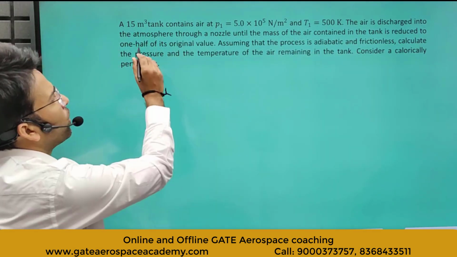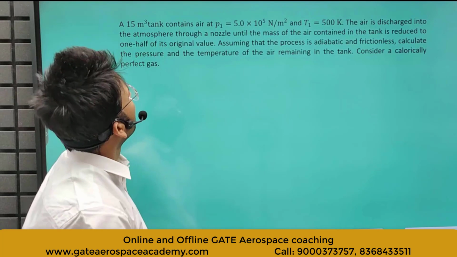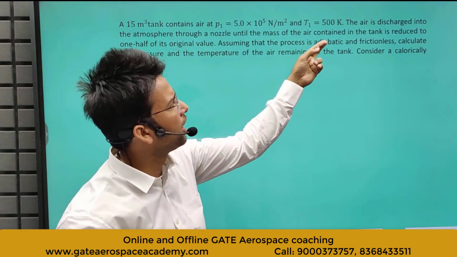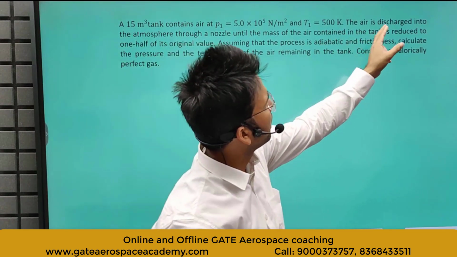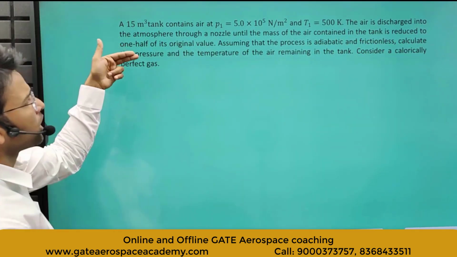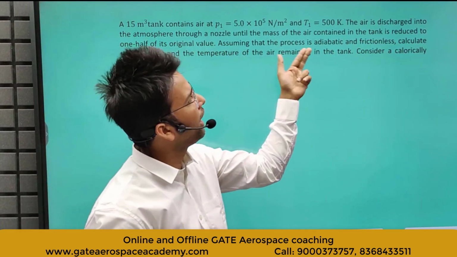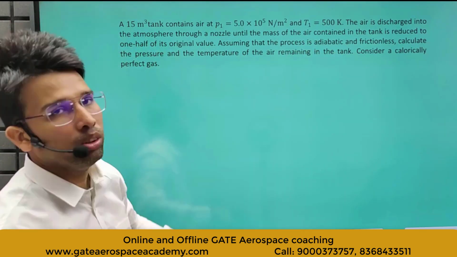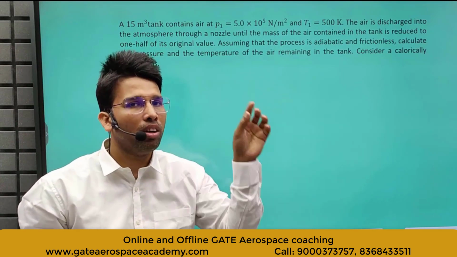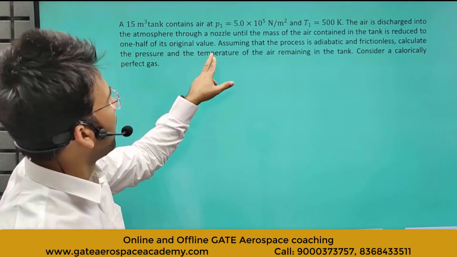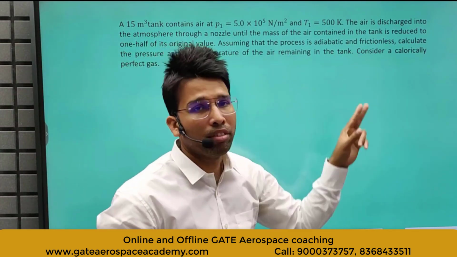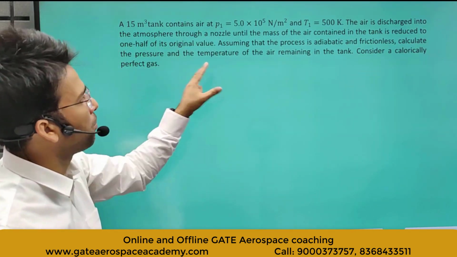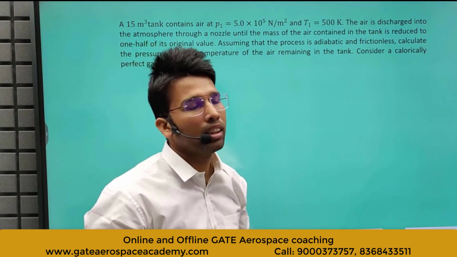A 15-meter cube tank contains air at P1, this much, T1 500 Kelvin. The air is discharged into the atmosphere through a nozzle until the mass of the air contained in the tank is reduced to 1/2 of its original value, right? So M2 will be half of M1. Assuming that the process is adiabatic and frictionless, means isentropic, calculate the pressure and the temperature of the air remaining in the tank.